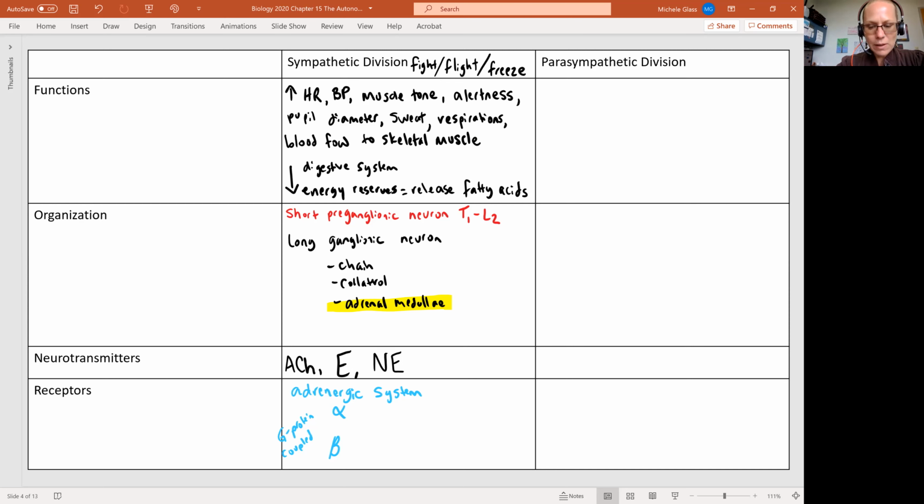But before we do that, I'm going to tell you that your alpha mostly pairs with norepinephrine, and your beta mostly pairs with epinephrine, but actually alpha can bind with either norepinephrine or epinephrine, and beta can bind with either epinephrine or norepinephrine. Okay.